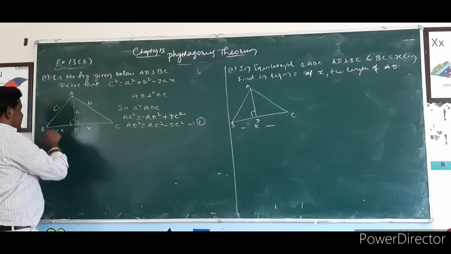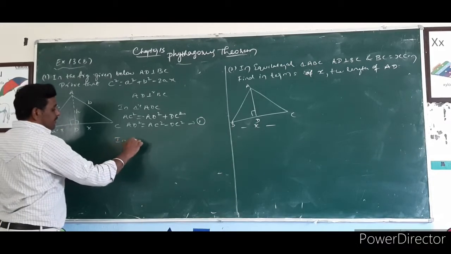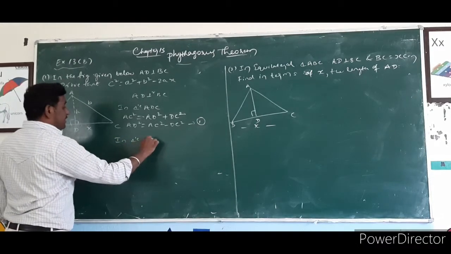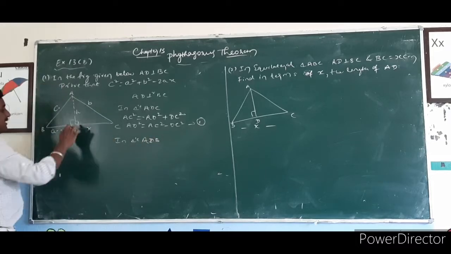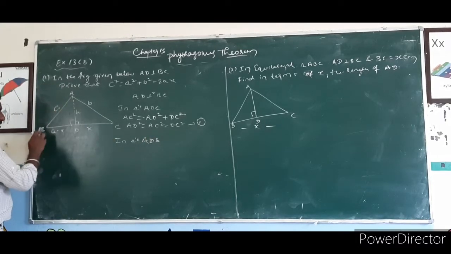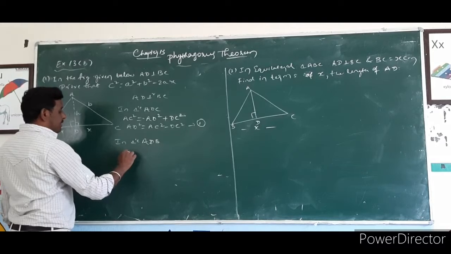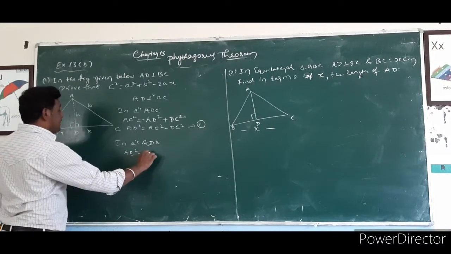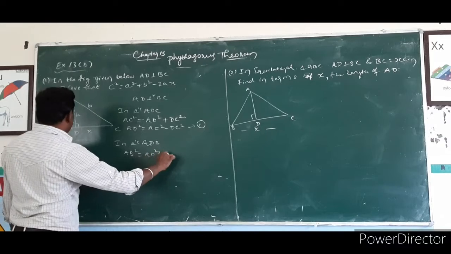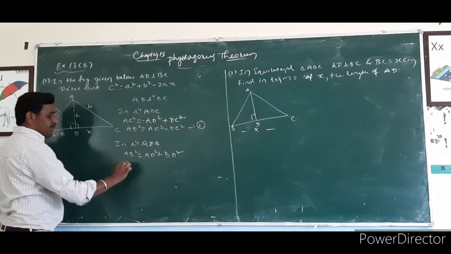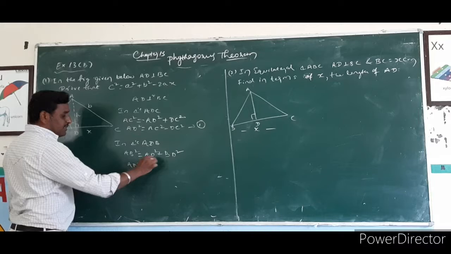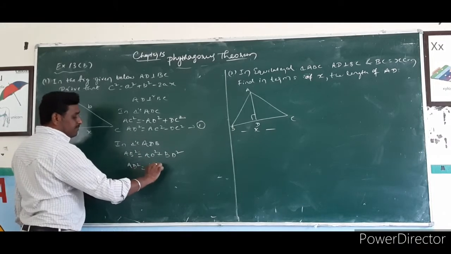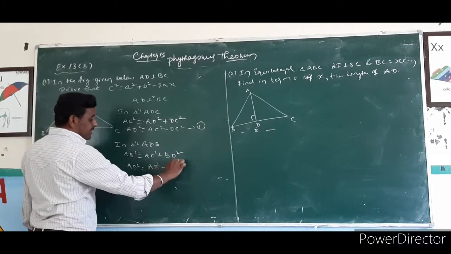Next, similarly, consider triangle ADB, one more triangle. Apply Pythagoras theorem for this triangle. AB square is equal to AD square plus BD square. Shift BD square to this side: AD square is equal to AB square minus BD square.